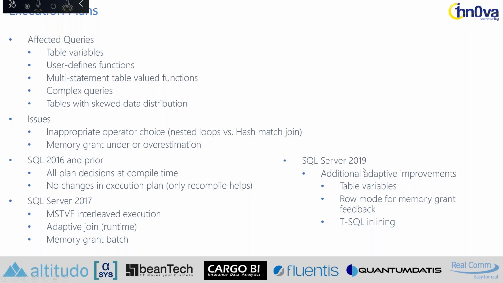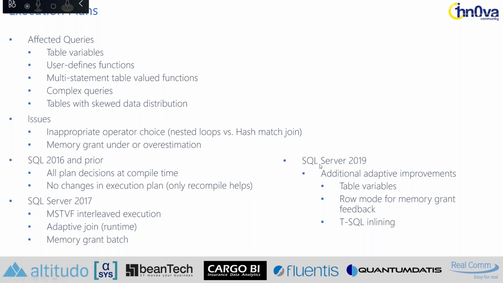Additional adaptive improvements in SQL Server 2019 are table variables. SQL Server defers compilation of table variables and thus knows the exact number of rows that are in the table variables. An important feature is also T-SQL inlining, which enables SQL Server to execute the T-SQL scalar user-defined function as a set-based function. I talked about SQL Server 2016 and prior and said that there are no plan changes for cached execution plans.